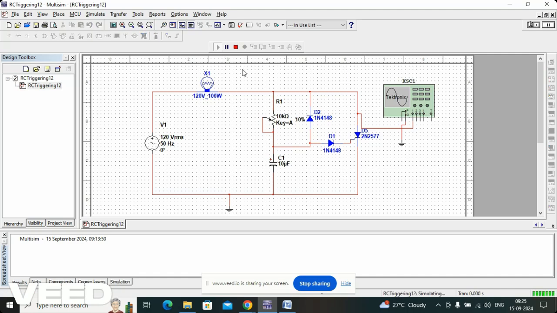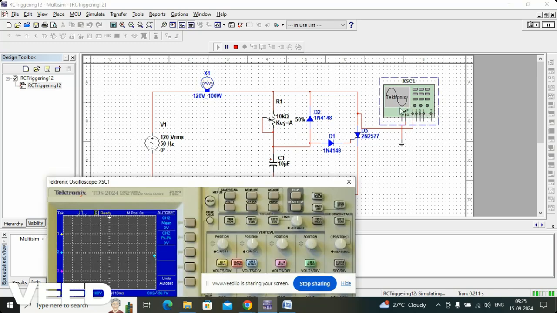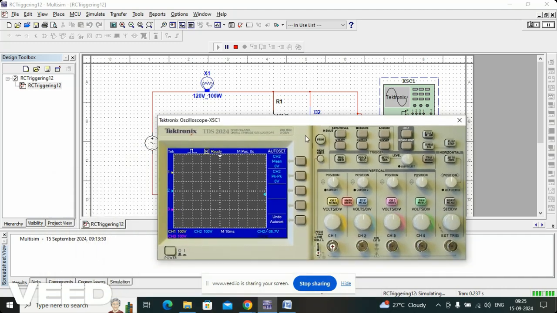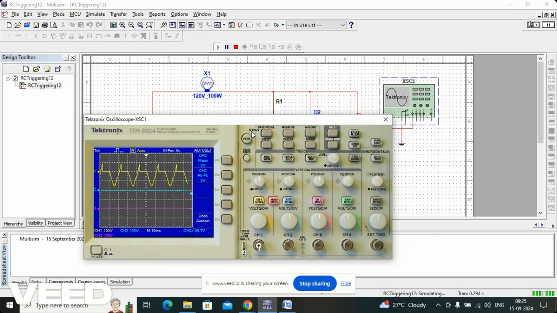Let's run this, and you can see the bulb is flickering, and as you change the potentiometer it is also flickering. Let's see the output, and here you can see the thyristor output.